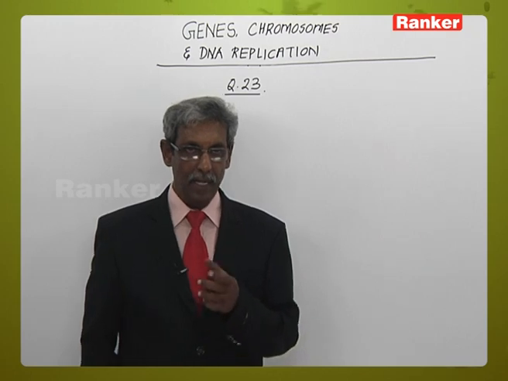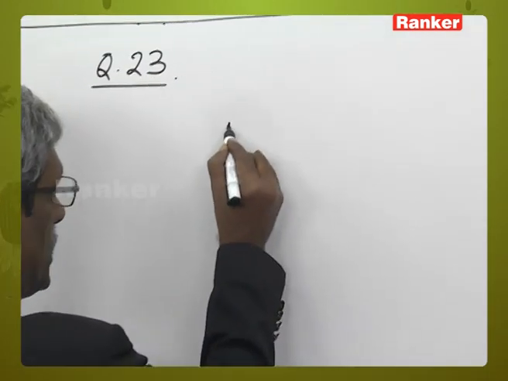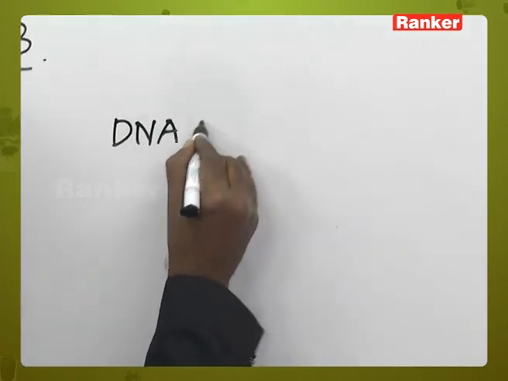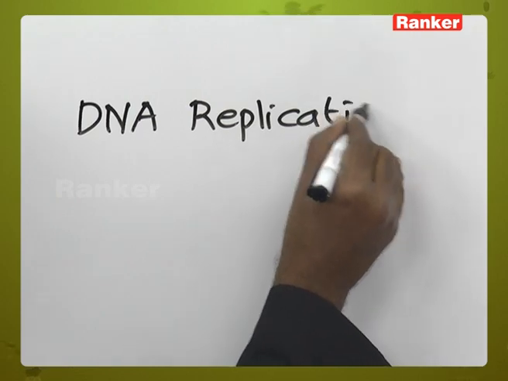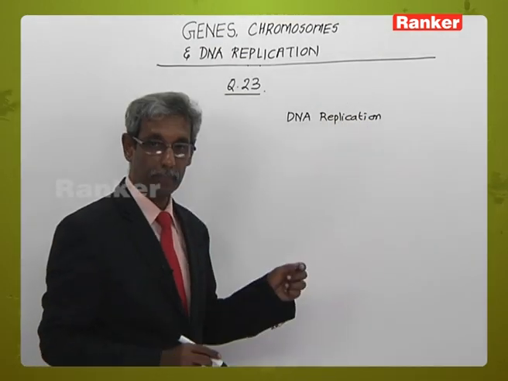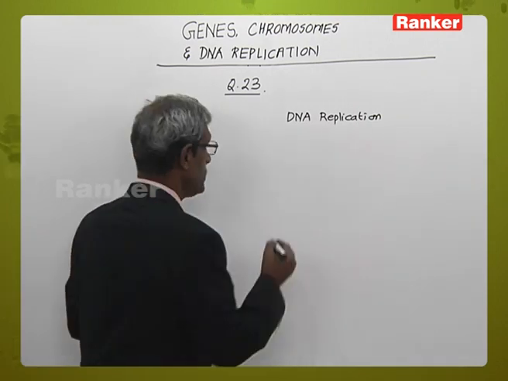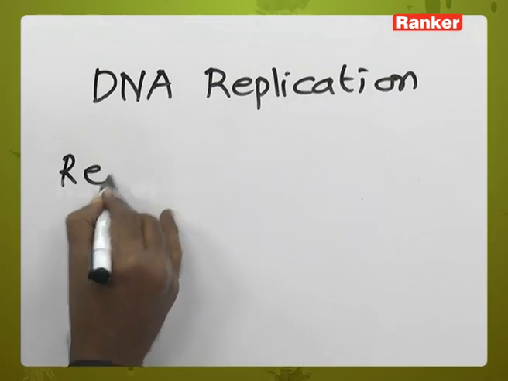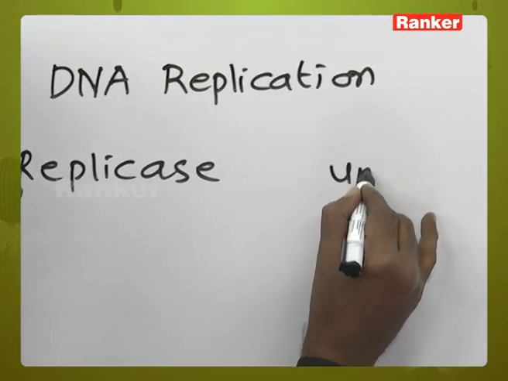The place during DNA replication. During DNA replication, there are several enzymes. The DNA unwinding protein is termed as replicase. Replicase is the unwinding protein.